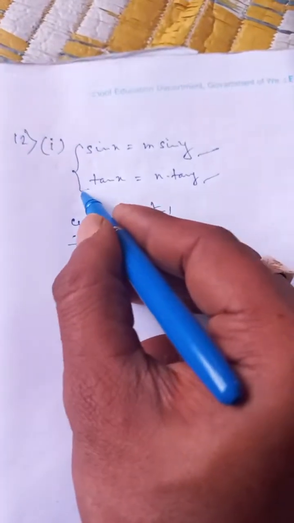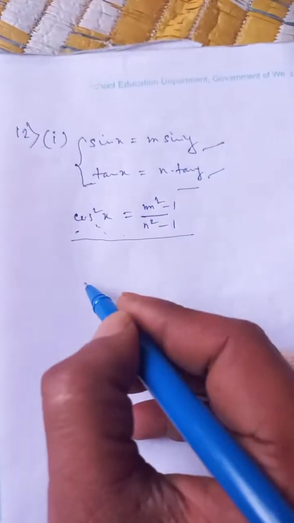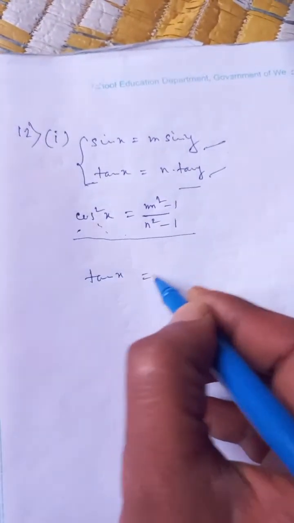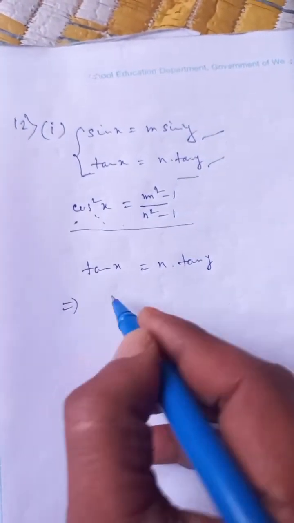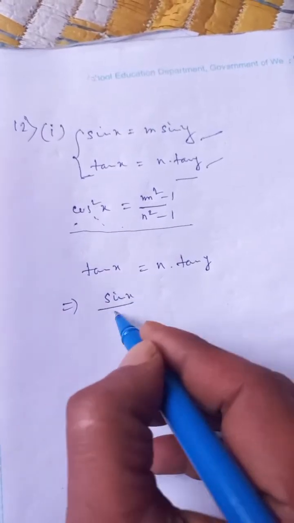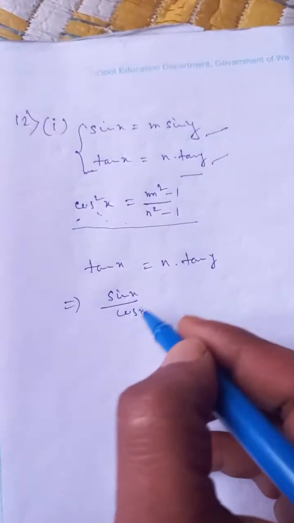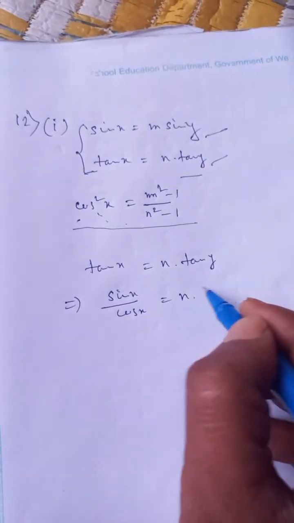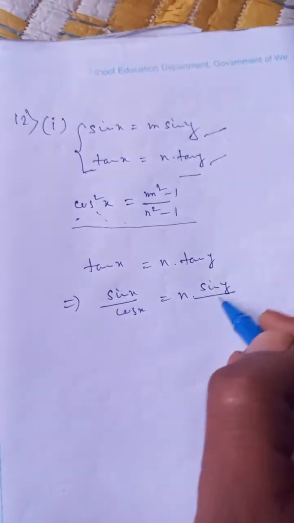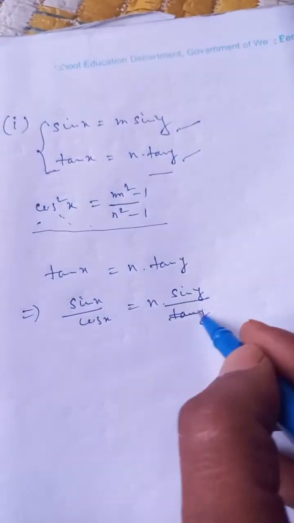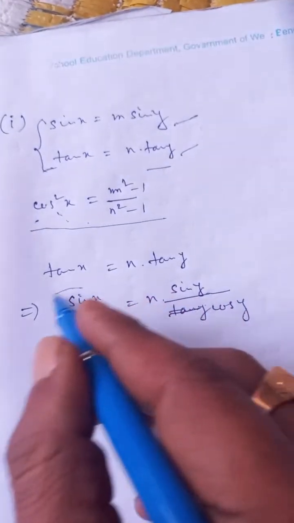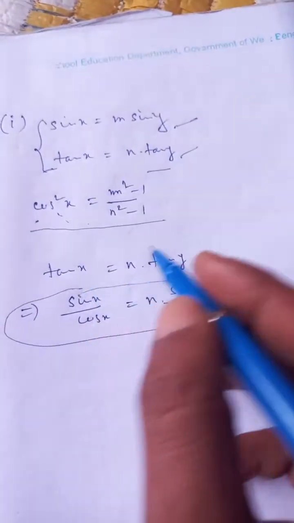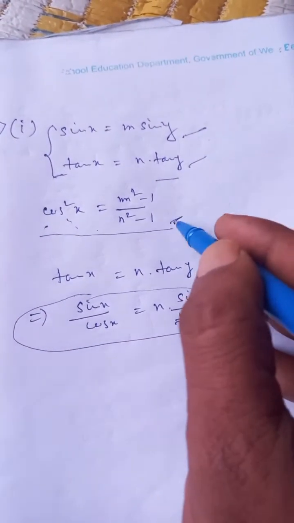If we take the second condition, given that tan x is equal to n tan y, this is sin x by cos x is equal to n into sin y by cos y. So we just replace sin y and cos y from this equation. We will try to find this form.